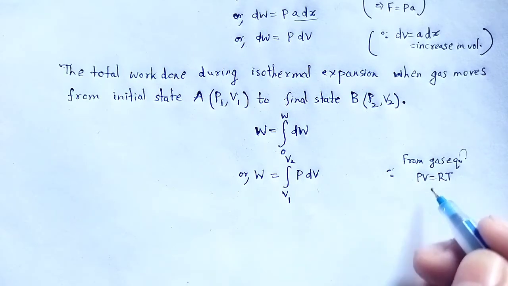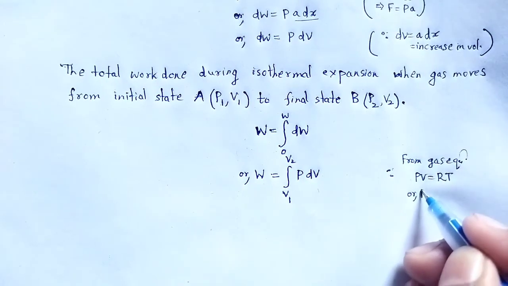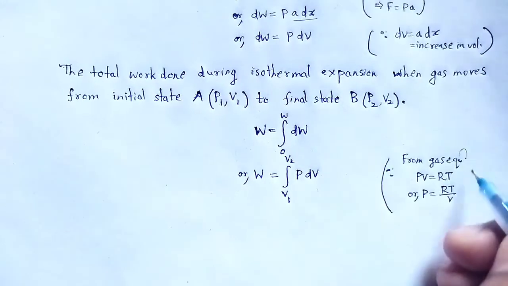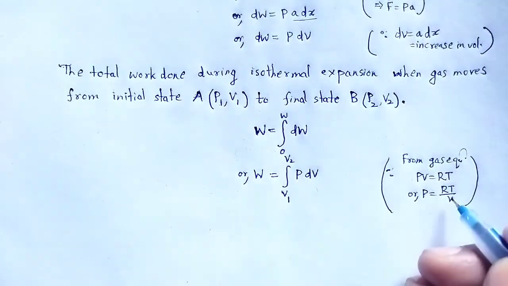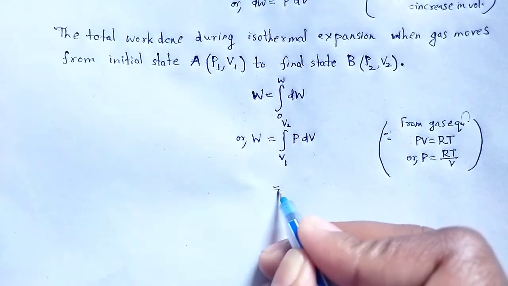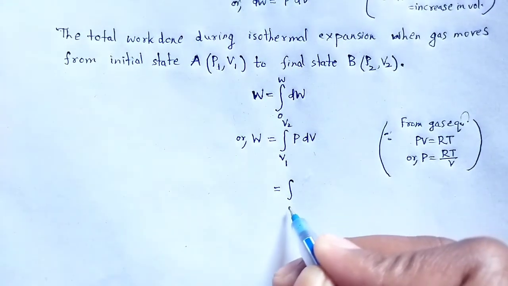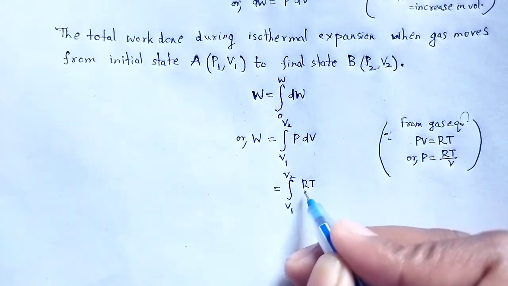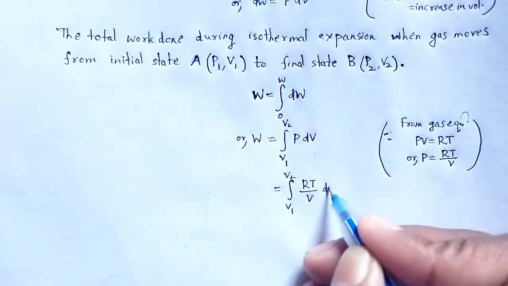In place of P we write RT divided by V. So W is equal to integration from V1 to V2 of RT divided by V dV.